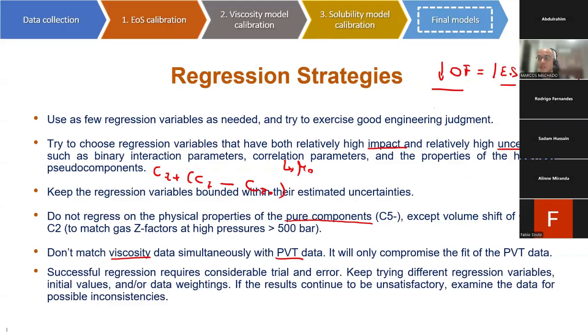So saturation pressure will receive a greater weight than Bo. You can play with weights in order to do this regression. This is another way to do this. So these are my key points for you guys.